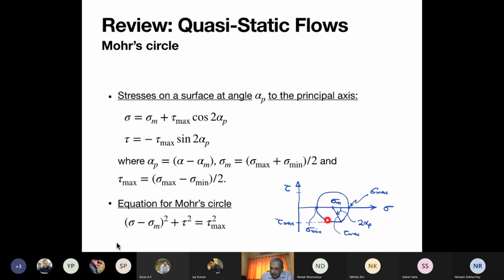And then as you keep on increasing, your shear stress decreases until it reaches 0 and you get the minimum value of the normal stress. And then you go further and it will go in exactly the opposite direction. So this tells you the entire range of normal stress and shear stress that you will get acting on any surface.